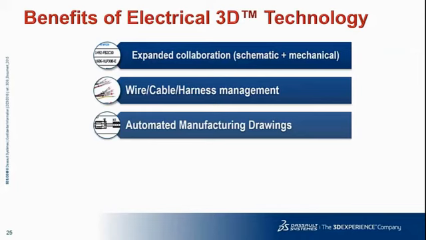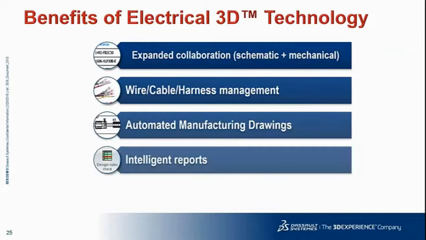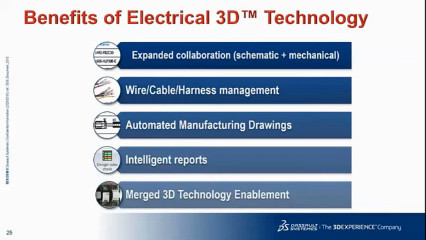You have automated manufacturing drawings, so flattening and also wire routes. Intelligent reports. There are ways that you can incorporate electrical design rules to ensure that you're not violating them. And then, of course, in general, you're merging what used to be a separate piece of software, 2D schematics, with 3D models.